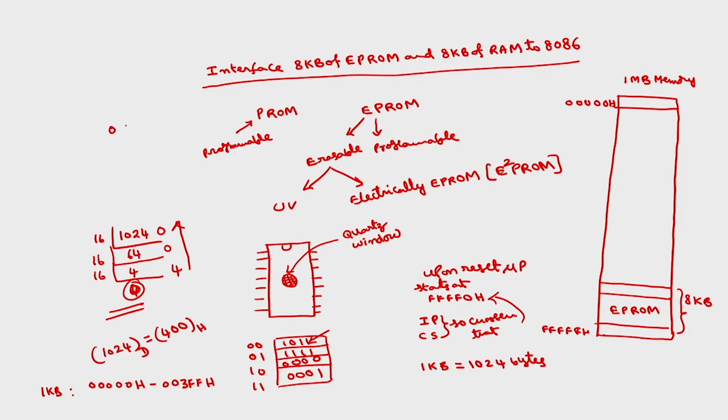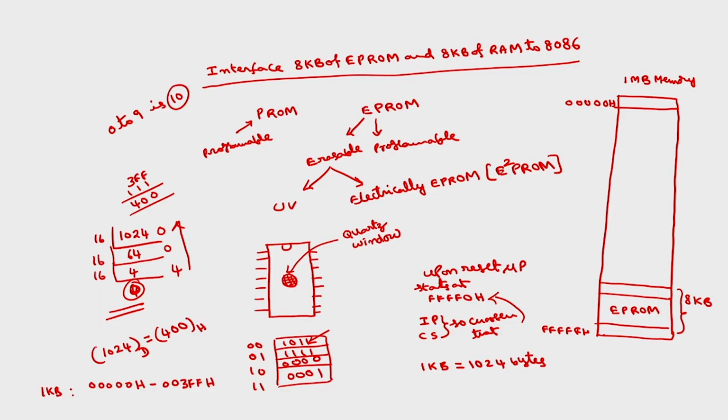Just as 0 to 9 is 10 numbers. So starting with 0, if you want 400H, the ending address will be 1 less than this. 1 less than 400 is 3FF, because if I add 1 to 3FF, F plus 1 is 10, and so on, giving 400.